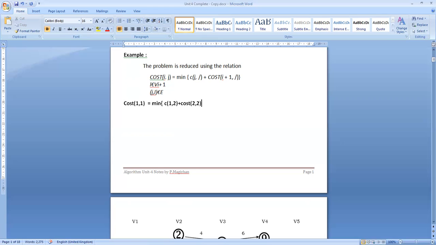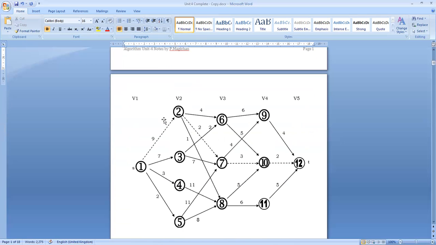Okay. Then I should do it for every vertex in the next stage. How many vertices? There are 4 vertices here.